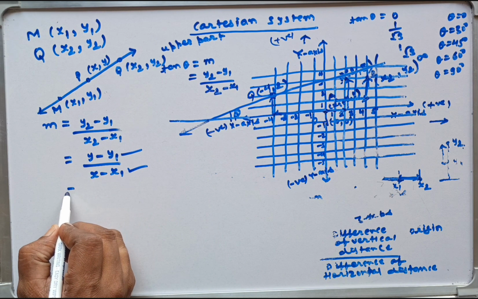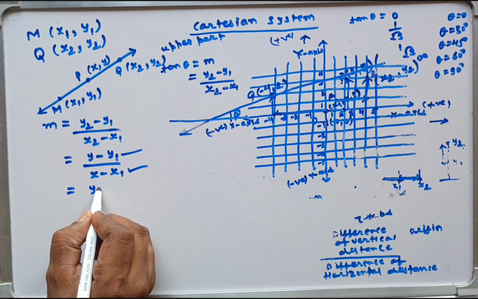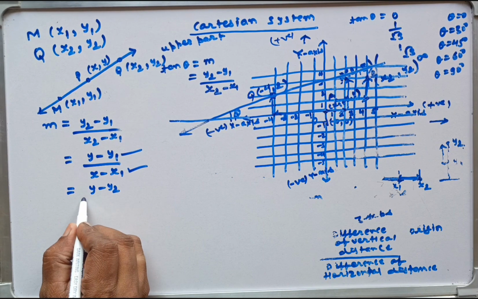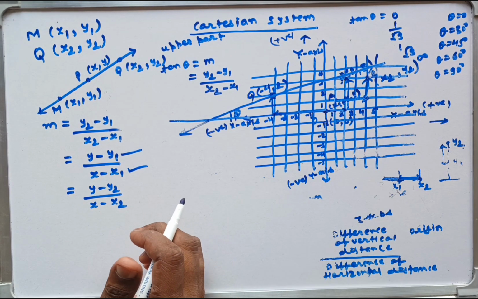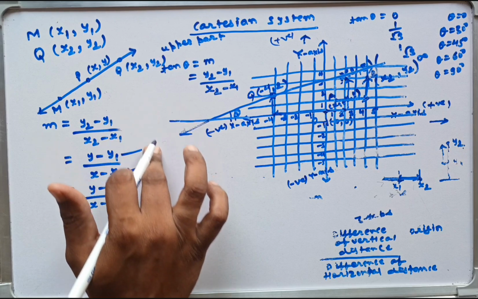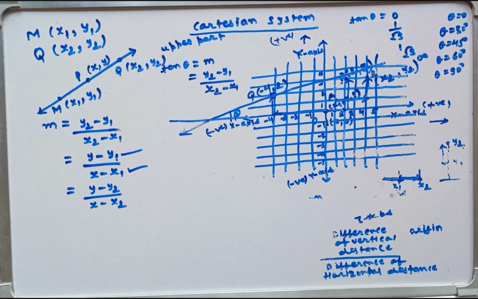Or you can also write here y minus y2 over x minus x2. So guys, all three have the same gradient, or slope.